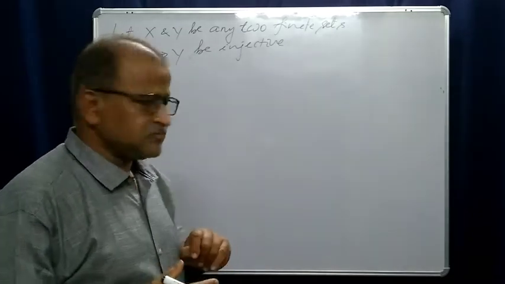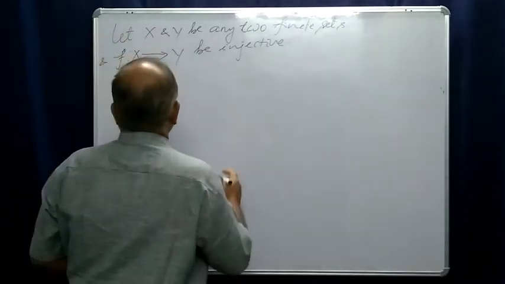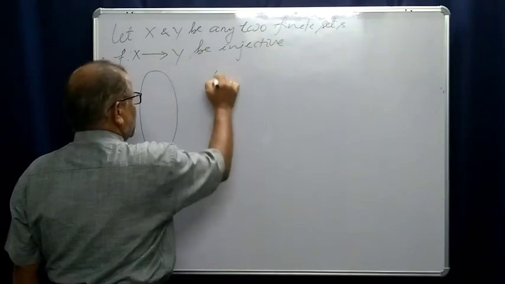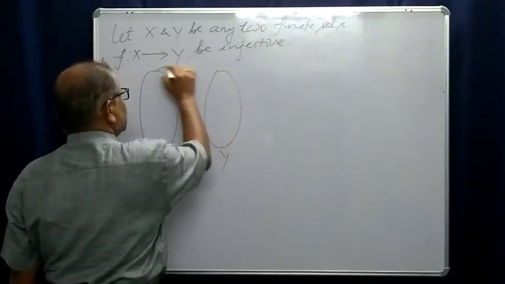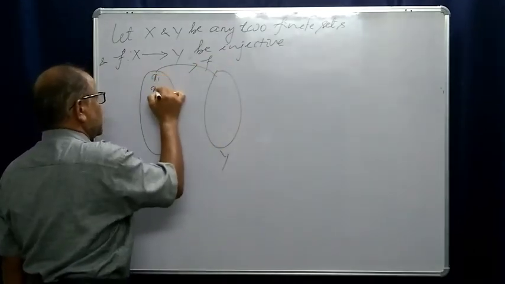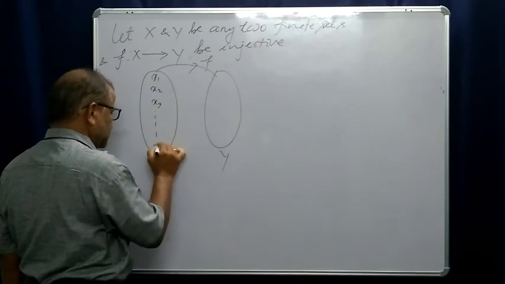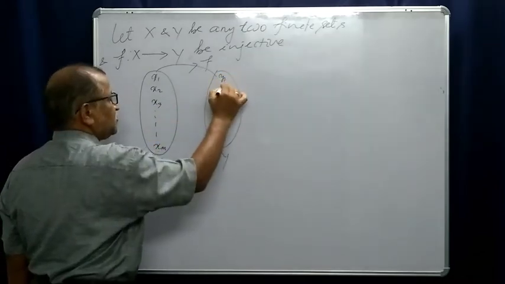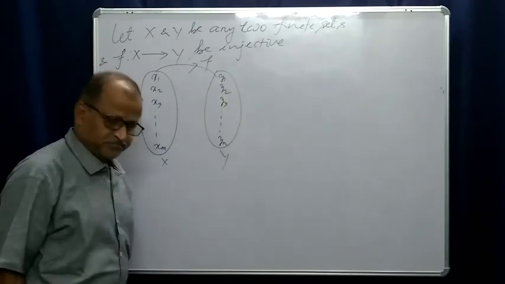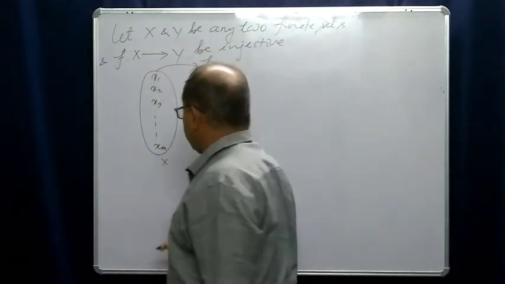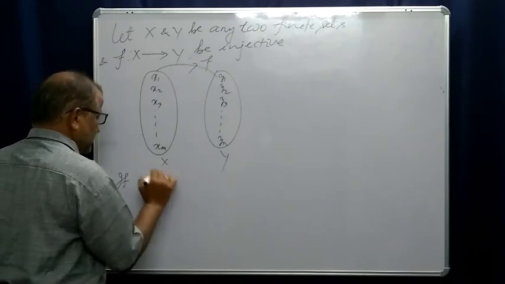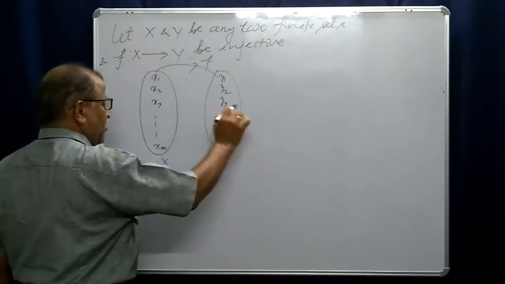Let us see. Suppose our x is this, y is this, f is a function from x to y. Suppose x has x1, x2, x3 up to xm elements, and y has y1, y2, y3 up to yn elements.